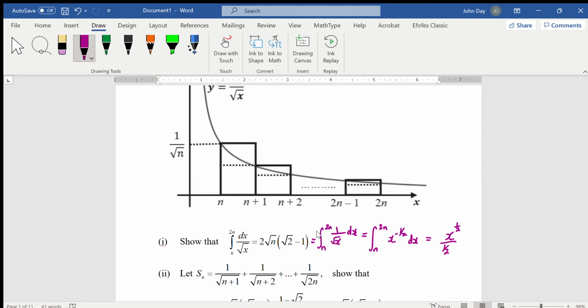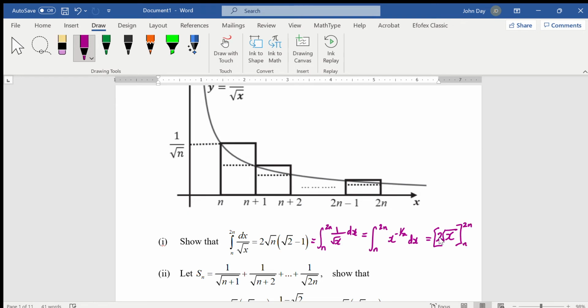So in the end, they end up with 2 and root x, x to the half is root x. When they've done it all, they get 2 root x, and that's from n to 2n.